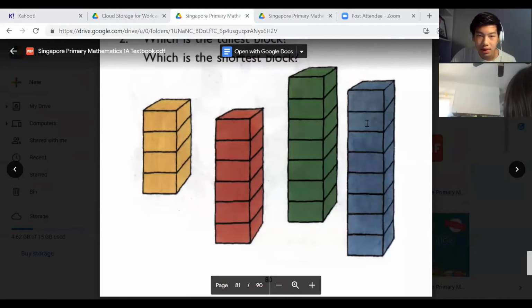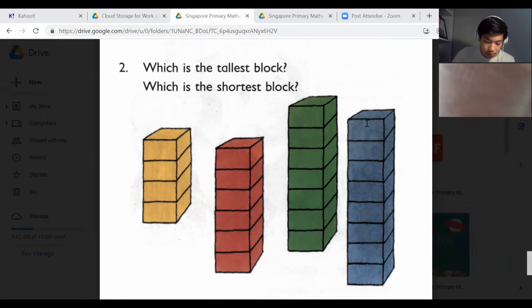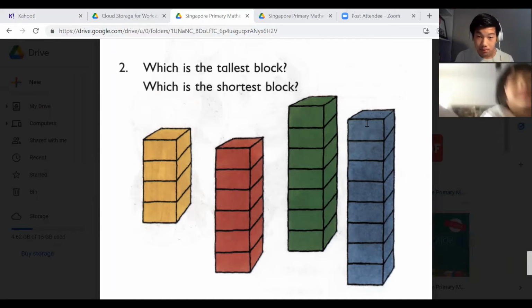Okay, now try this one. Which one is the tallest and which one is the shortest? The yellow one is the shortest and the blue one is the tallest.